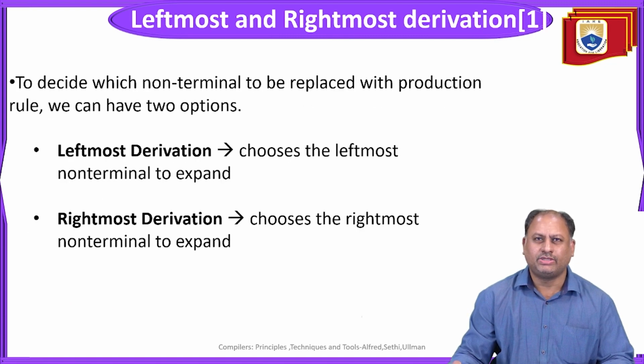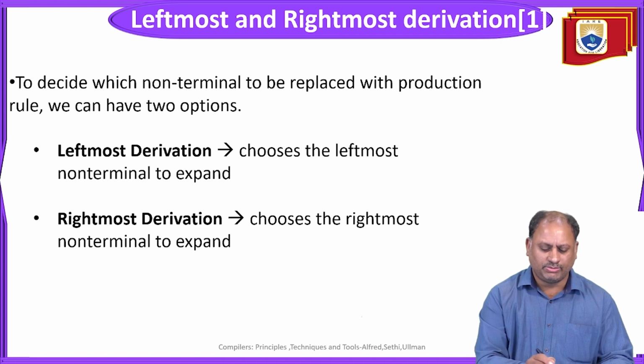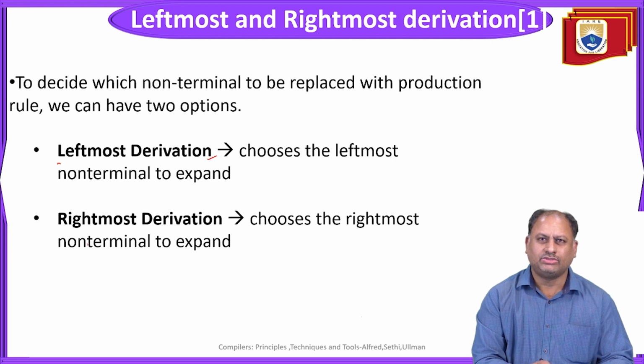That choice depends on the derivation, and there may be two options. If the suitable non-terminal is replaced at the leftmost, then it is called a leftmost derivation. If it is substituted at the rightmost, or right to left, then it is called a rightmost derivation.